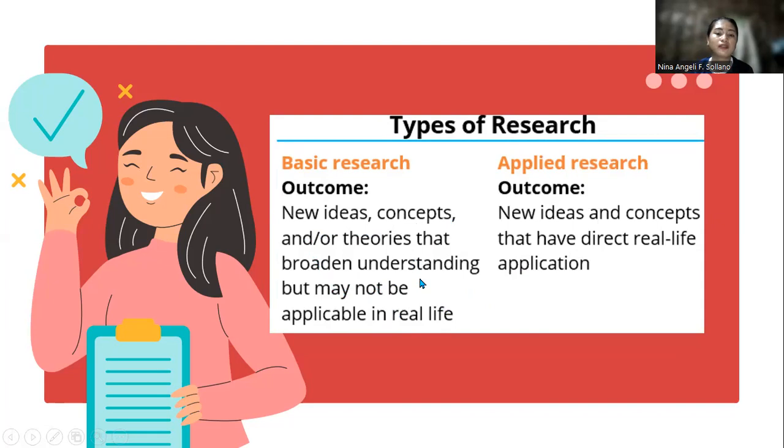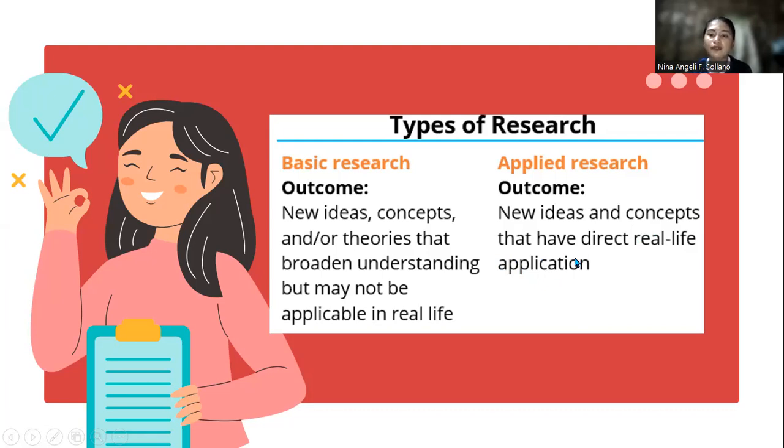Again, take note that basic research is not applicable in real life. Unlike applied research, its outcome is new ideas and concepts, but no more theories, because you conducted different processes and gathered facts.